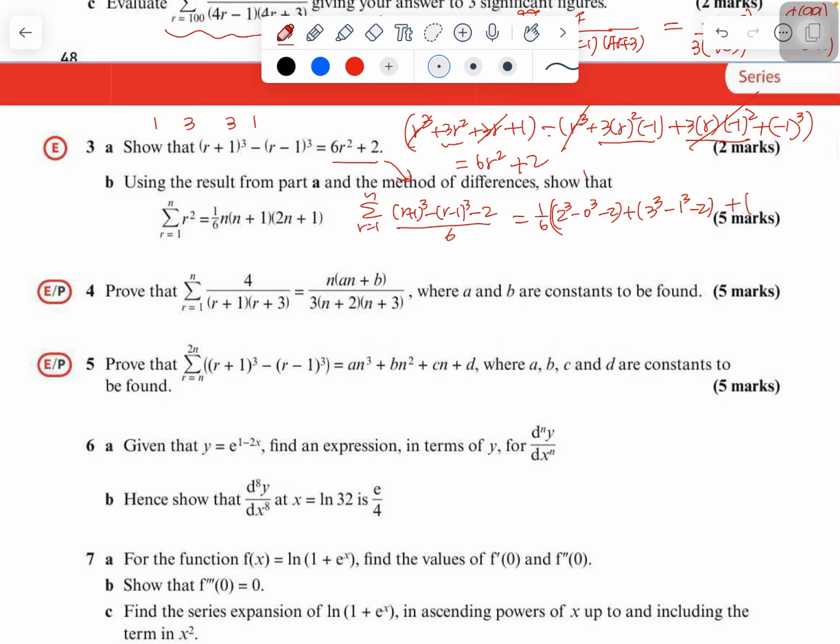This is r equals 1, 2, and 3. So 4 cubed, minus 2 cubed, minus 2, and so on. But now we need to understand the pattern of the first part. So now we eliminate 2. Okay, so now we can eliminate.